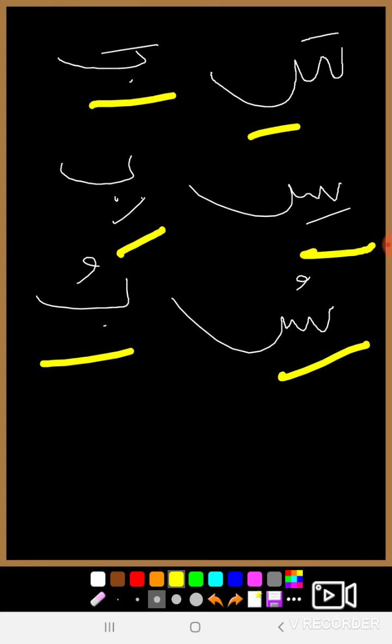We know now two letters. Which ones? Well, we know the Ba, B, and we know the S. We say Sa, Si, Su, Ba, Bi, Bu. Make it two letters. So it goes very fast.